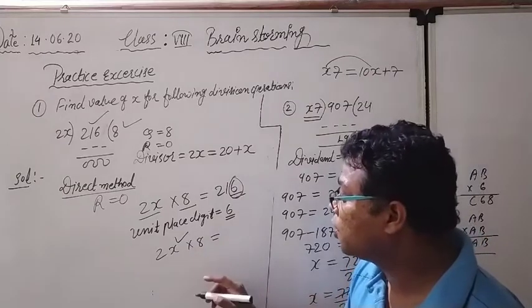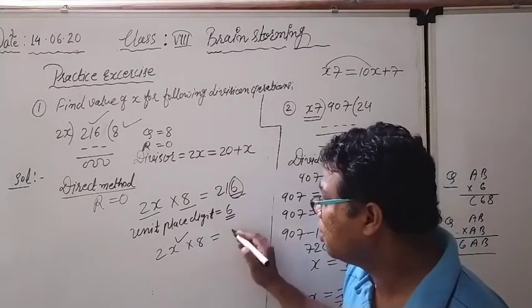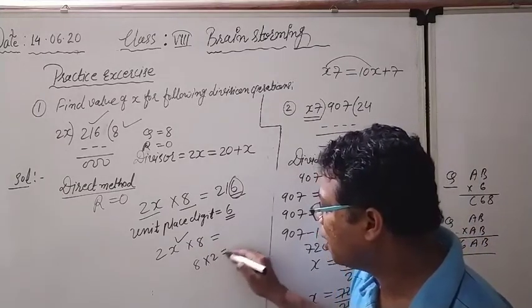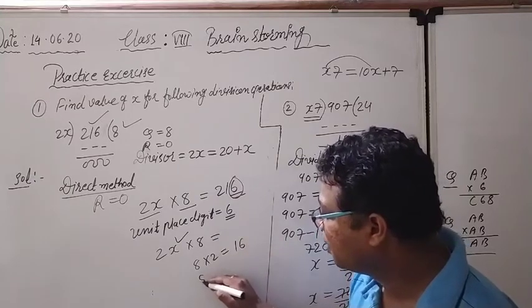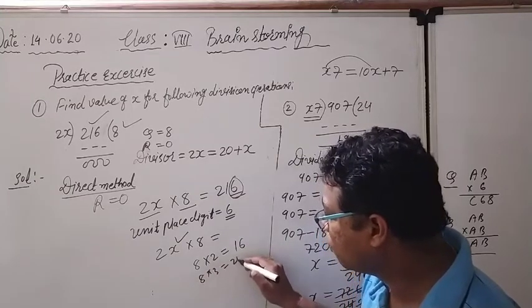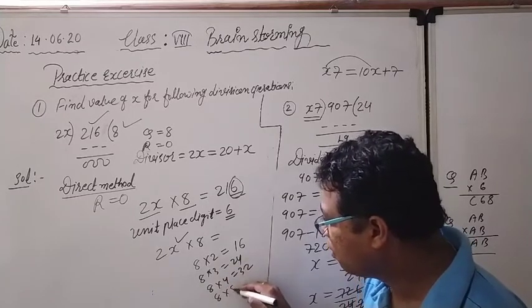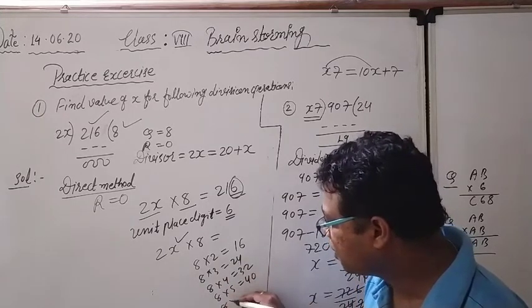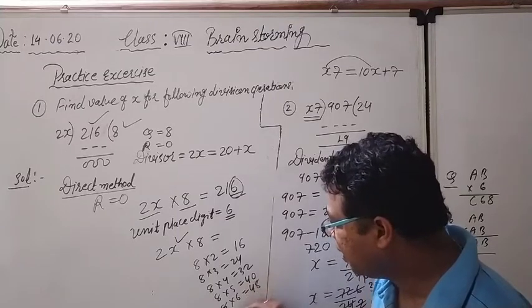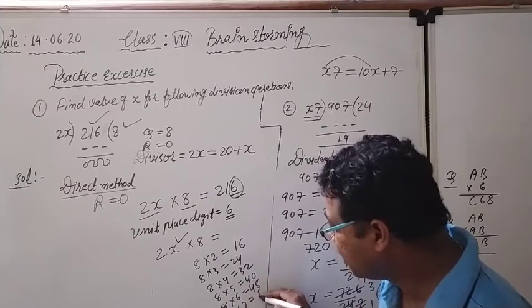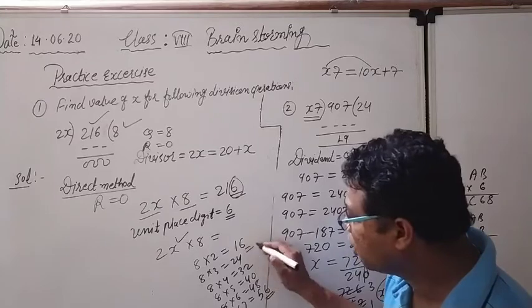So 8 2s are 16, 8 3s are 24, 8 4s are 32, 8 5s are 40, 8 6s are 48, and 8 7s are 56. So there are only two conditions.